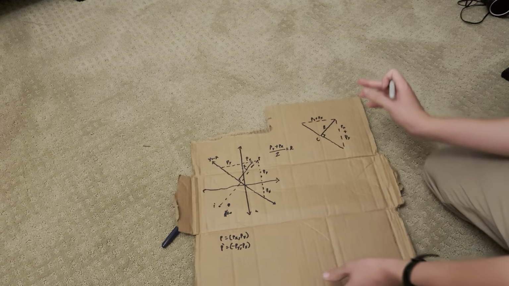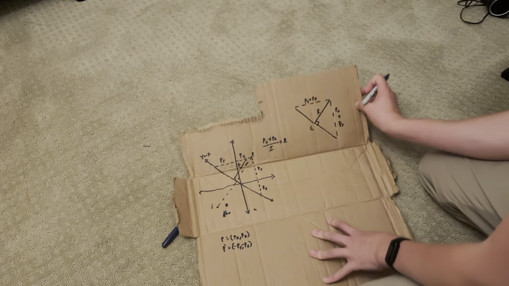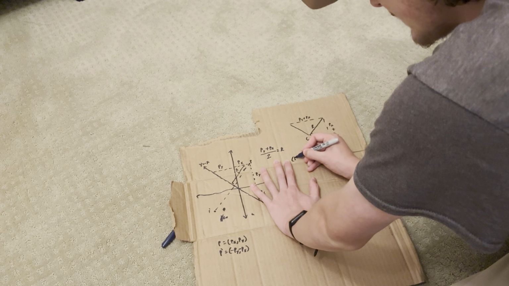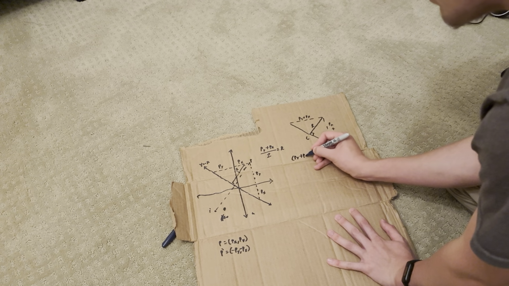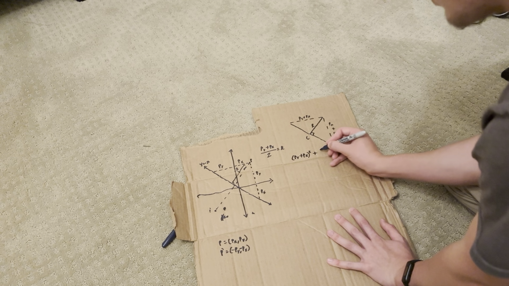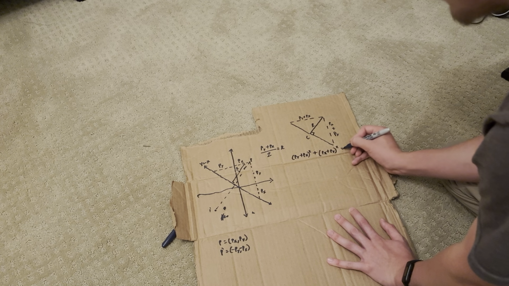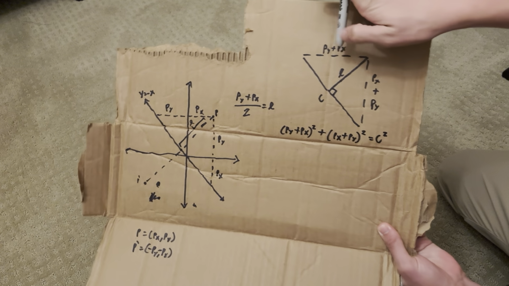I think you can all see where I'm going with this. What do we know? We know that Py plus Px squared plus Px plus Py squared equals c squared. That's the Pythagorean theorem. See that right triangle?